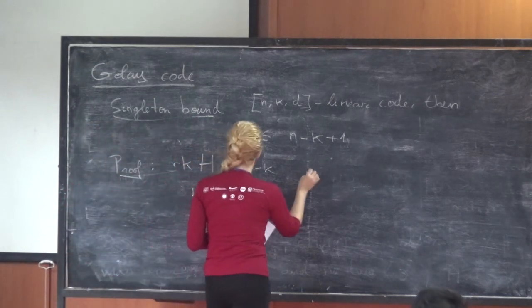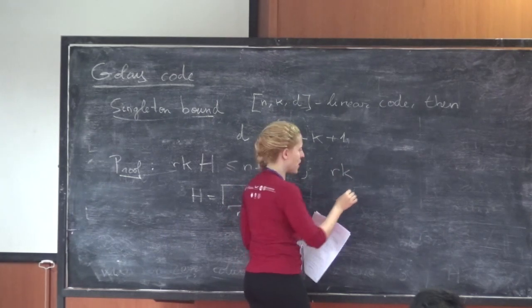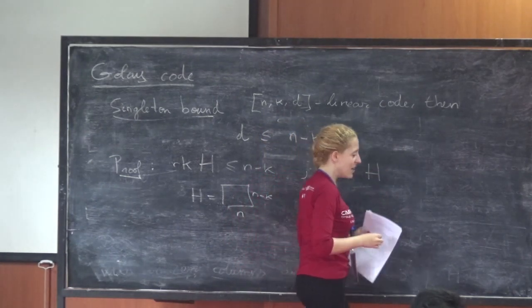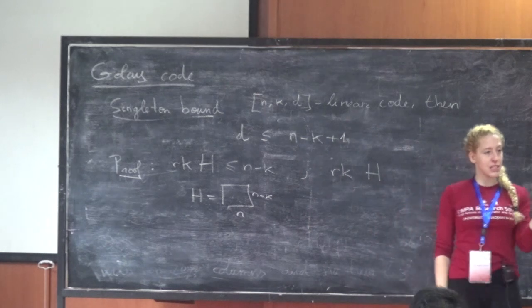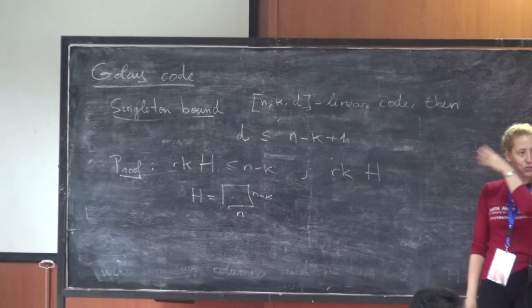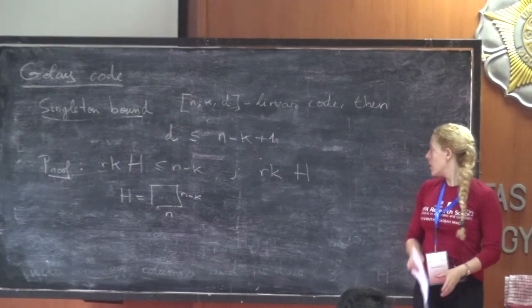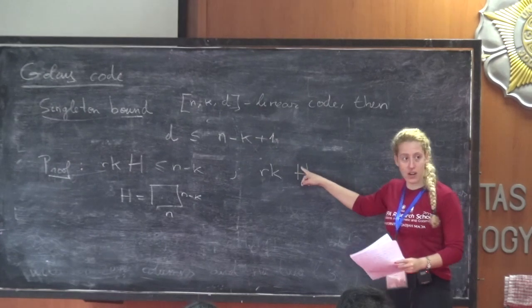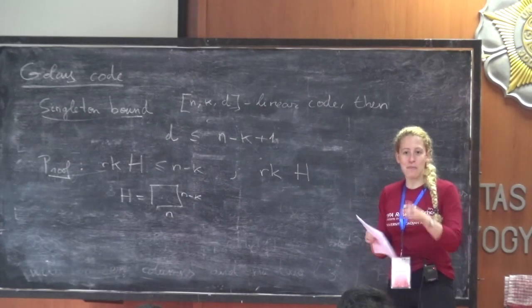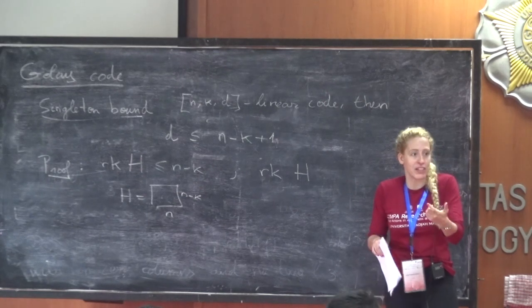But now, the other way around, remember the last proposition that we proved two days ago? That gave us the minimum distance in terms of whether the columns of the matrix were linearly dependent or not. So the rank of the matrix is the number of columns that are linearly independent.